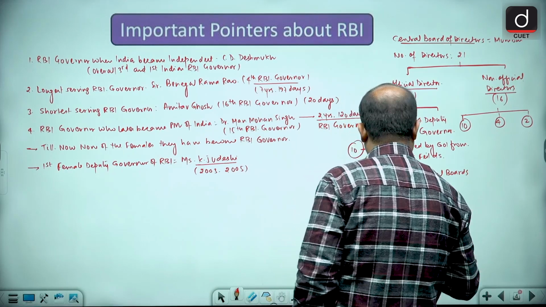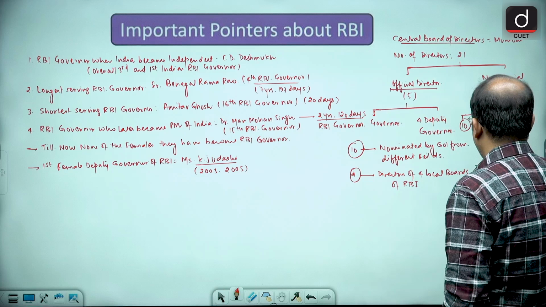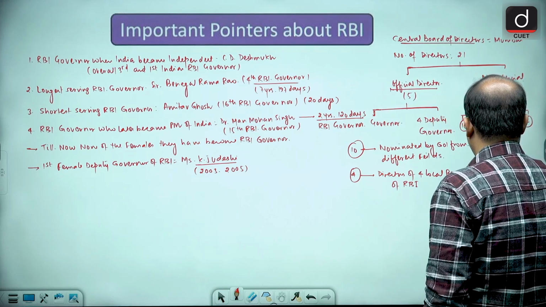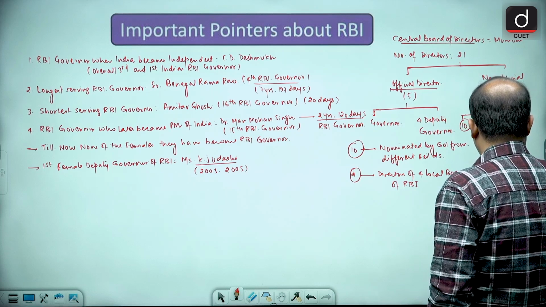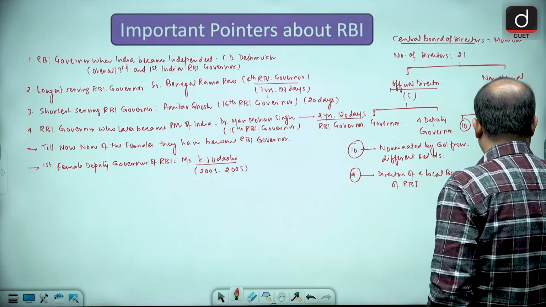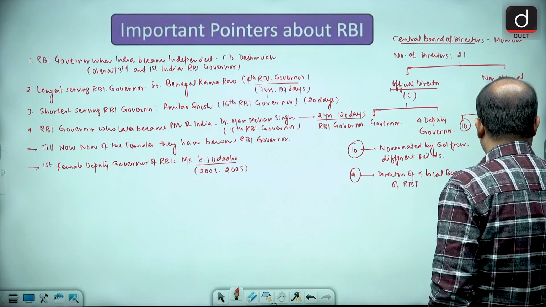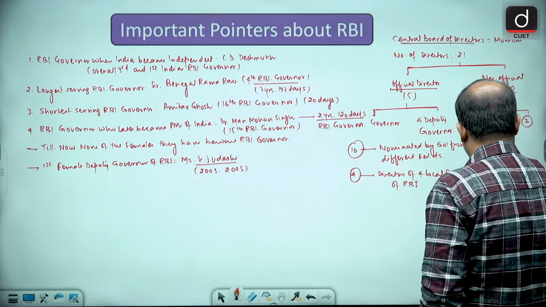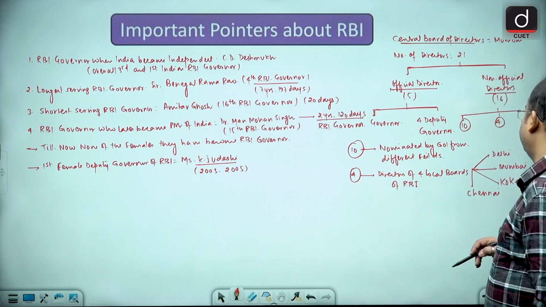The 4 local boards are in the 4 cosmopolitan cities: Delhi, Mumbai, Kolkata, and Chennai.